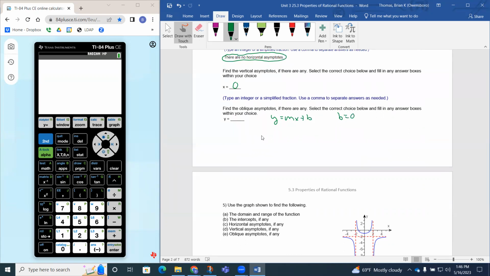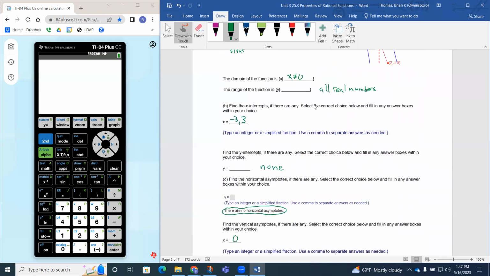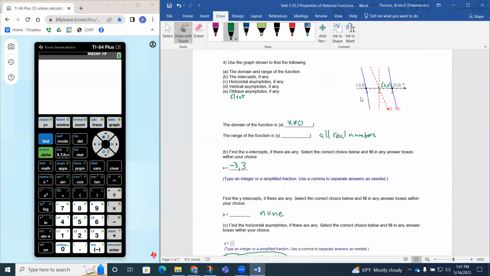To find the slope, we need to know the change in y over the change in x. Notice if I look at the graph, it goes from 0 down to -10, and then it goes over 2. So there's a change going down 10 and right 2.